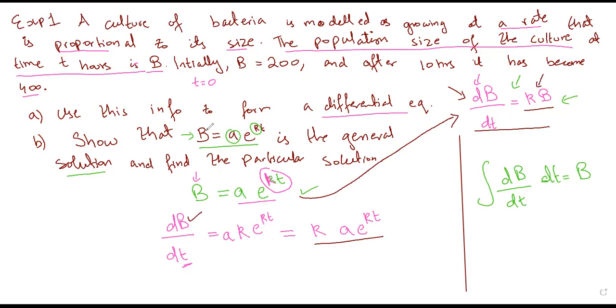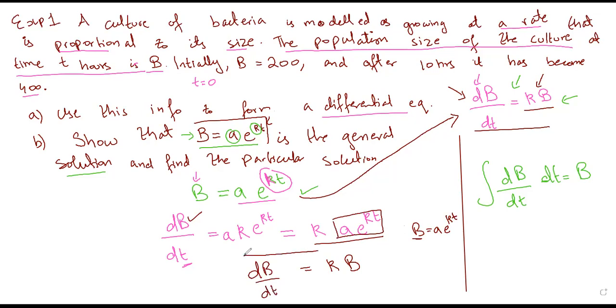We need to use this definition again, and using this definition we can write kb, because we have been told that b equals A e to the kt. So this red box is basically b. So now I have db by dt equals kb, and this is what I had to show.